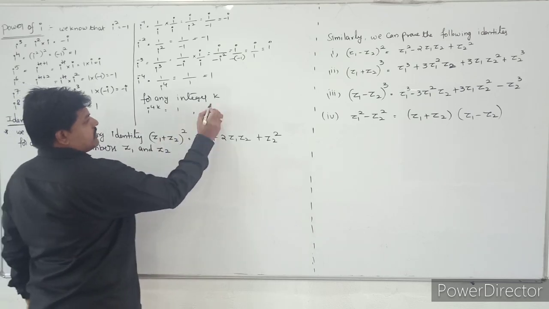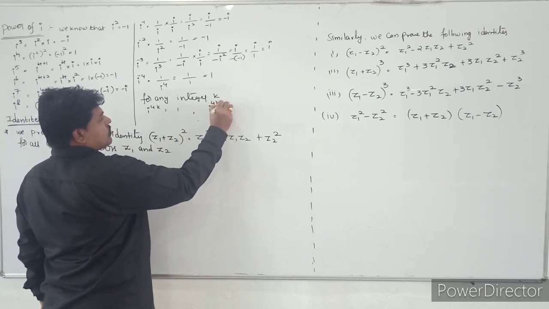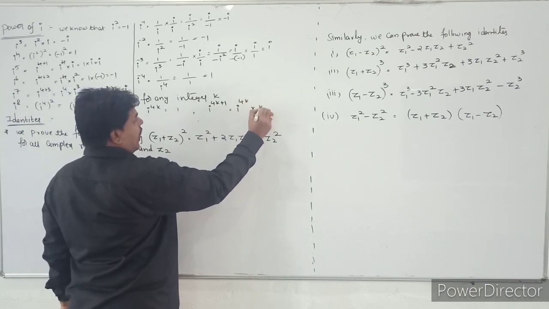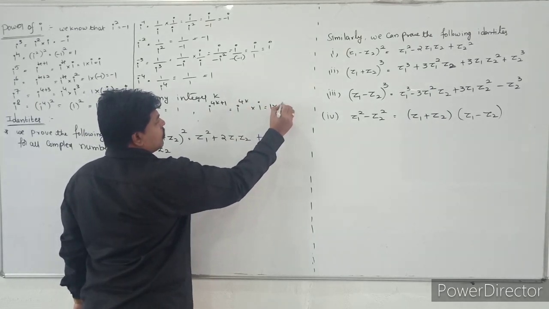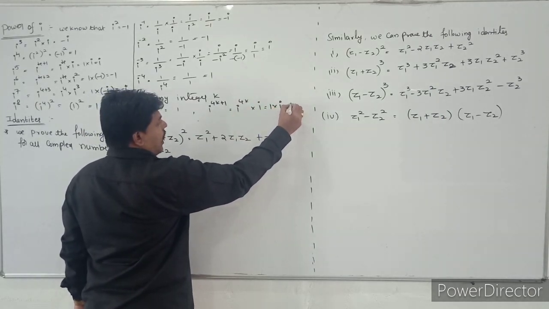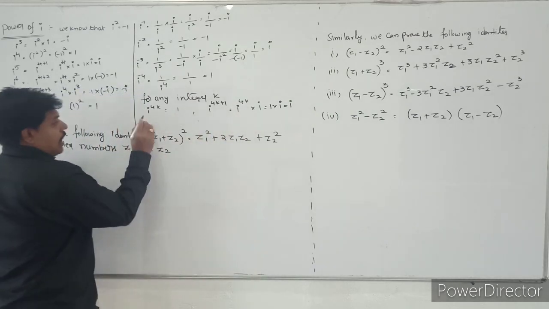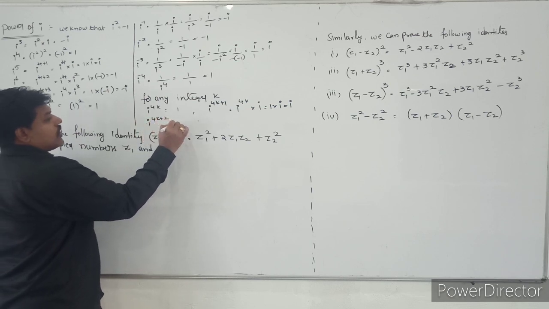And also you can see here I power 4k plus 1. What is this? I power 4k into I. So I power 4k is 1, into I, so that is equal to I only. I power 4k plus 1 value is I. And also I power 4k plus 2. What is this?